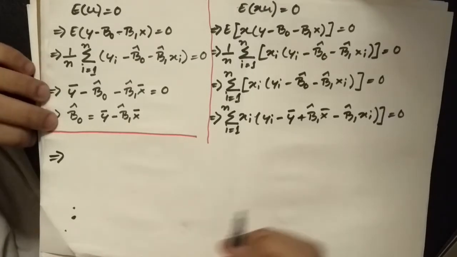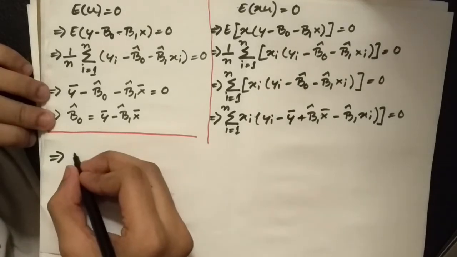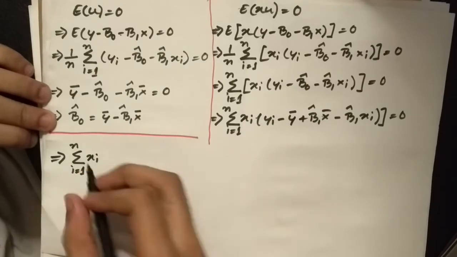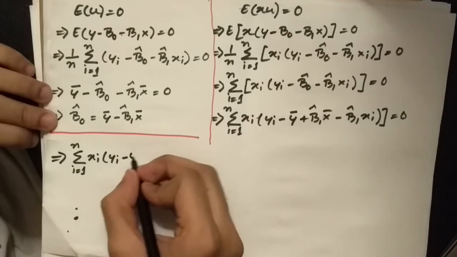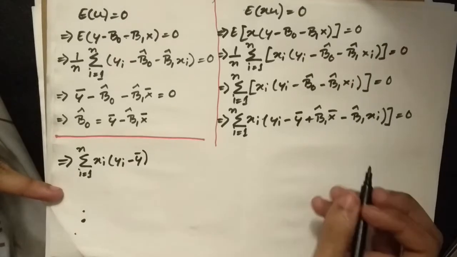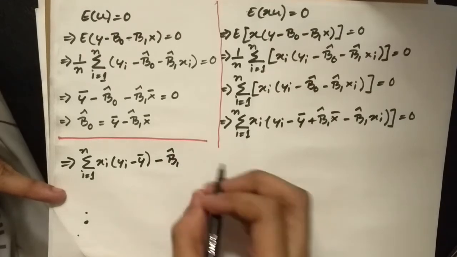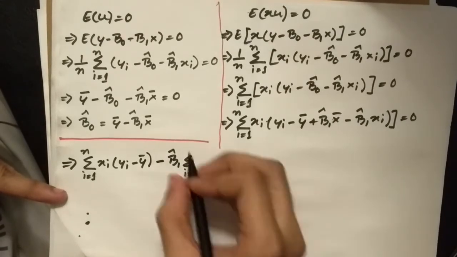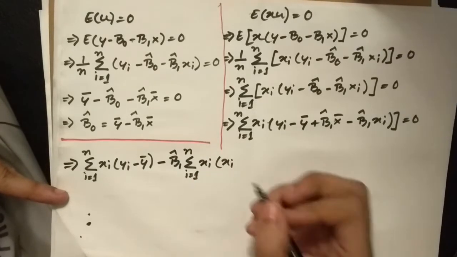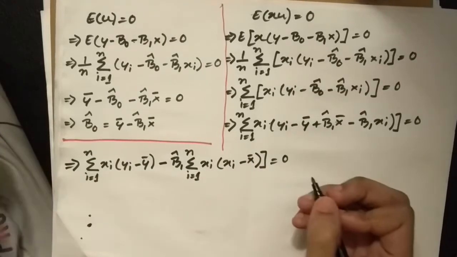So if I factor out xi, or if I rearrange it, we can write it as summation of i equals 1 to n xi (yi minus y bar), or we can write, if I factor out minus beta 1 hat, minus beta 1 hat summation of i equals 1 to n xi (xi minus x bar), equals 0.